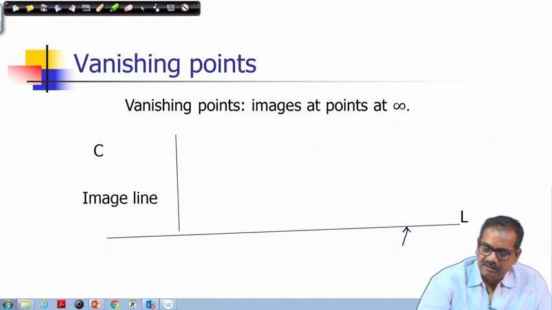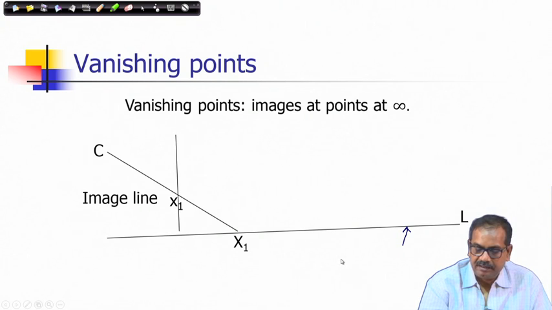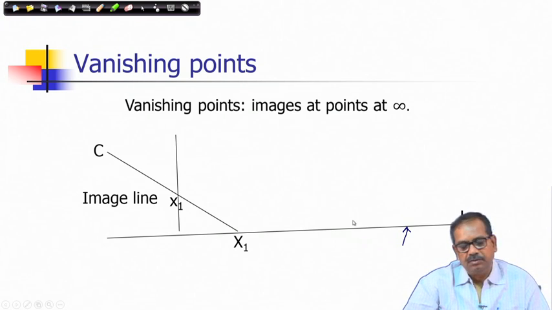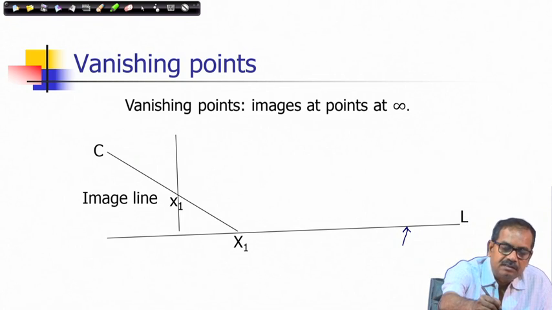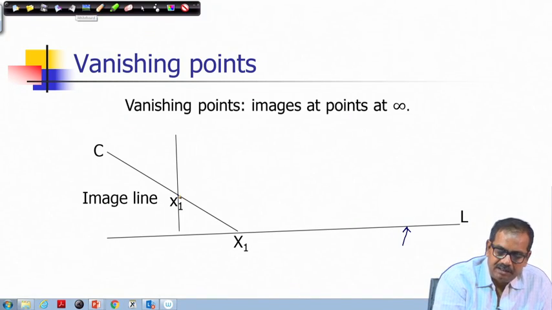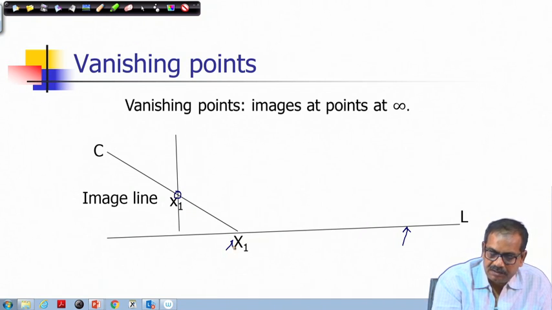Take any point on this line, draw a ray from that point to the center, and that would intersect your image plane. In this case it is also an image line. The point of intersection of this ray gives you the image of this particular scene point.